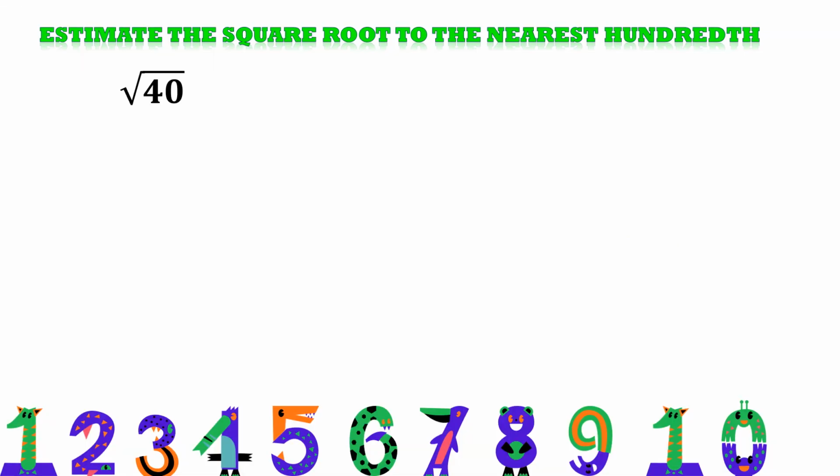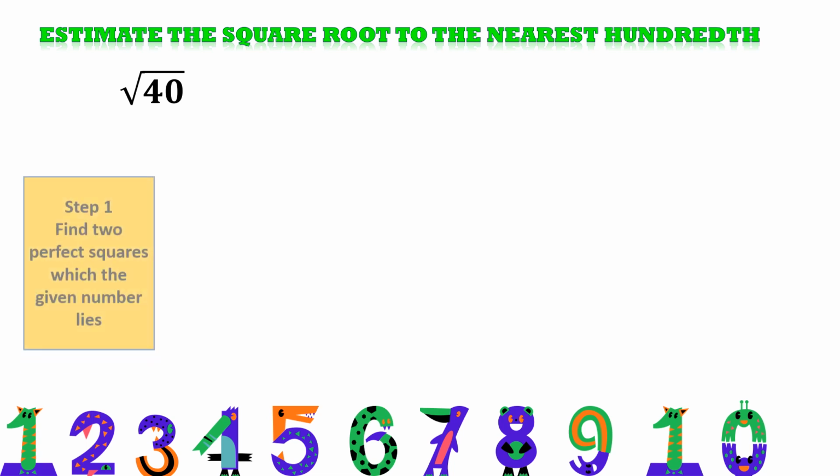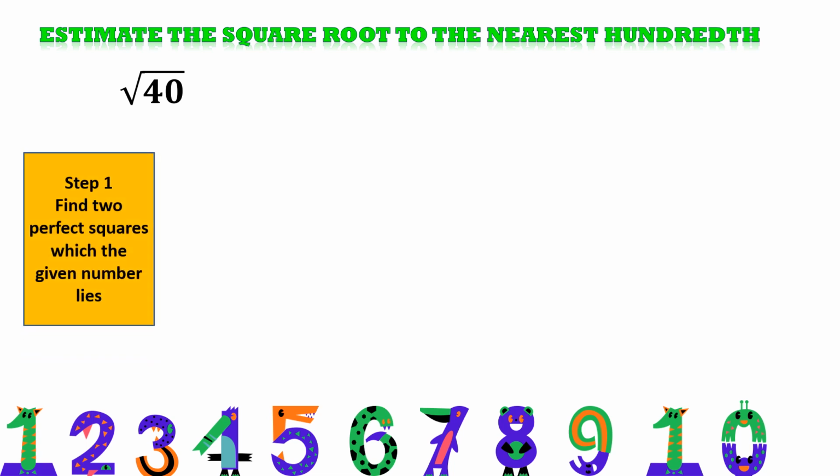Let's have example number 2. Estimate the square root to the nearest hundredths. So, estimate natin si square root of 40 to the nearest hundredths. Step number 1, we will find the two perfect squares. What are the two consecutive perfect squares? 36 and 49.